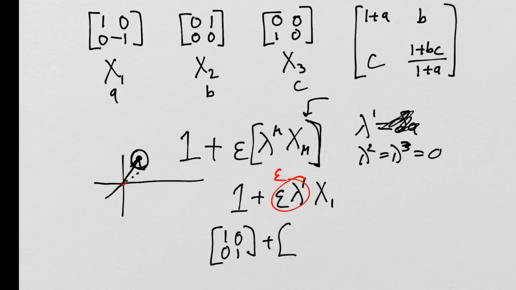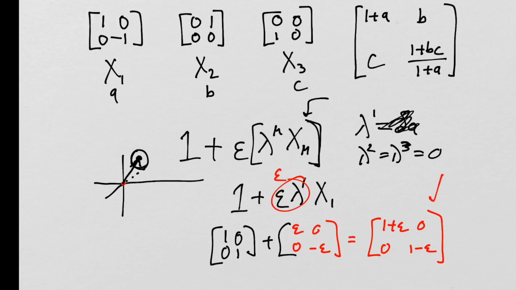And x1 will be epsilon, 0, 0, minus epsilon. And this ends up being 1 plus epsilon, 0, 0, 1 minus epsilon. This would be the matrix that would represent the Lie group element, a very small distance epsilon, in the a parameter direction.